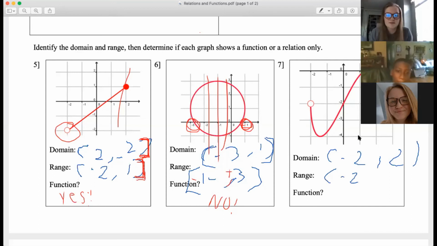Okay, I'm not going to tell you what it is. I think you can get it. Then it would be negative 4, and then that'll be 1.5 or 1.